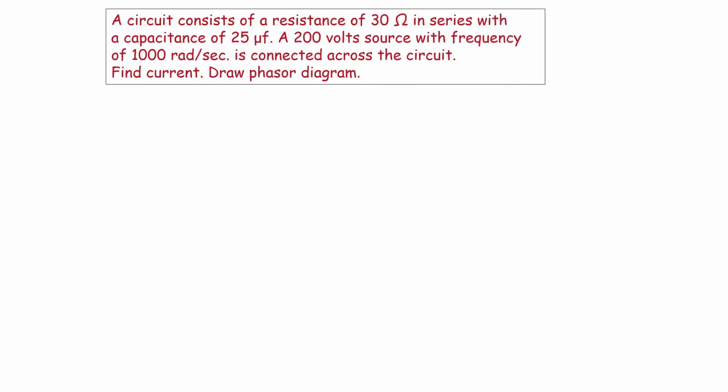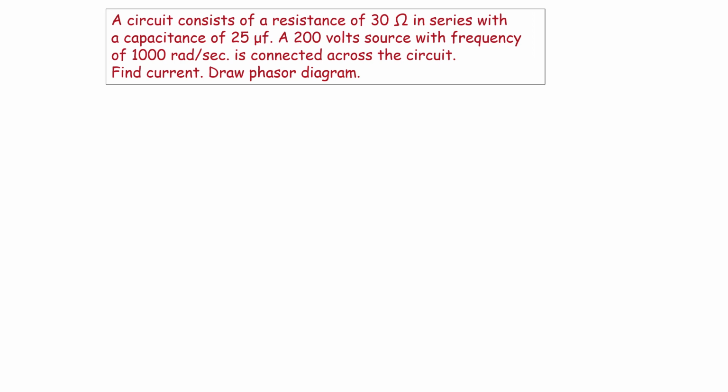Let us now take up a problem. A circuit consists of a resistance in series with a capacitance. A 200 volt source is connected across the circuit. We have to find out the current and draw the phasor diagram.